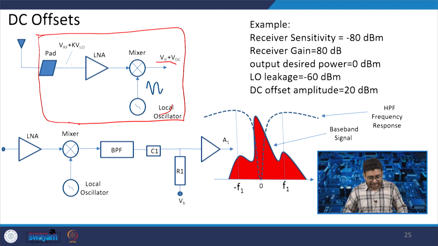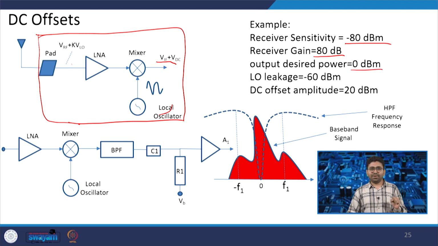So, we can take an example here that if your receiver sensitivity is minus 80 dBm, let us say this is the sensitivity that we are targeting, the total gain is given by 80 dB. Because we want at least 0 dBm signal, so that the ADC has a sufficient amplitude to convert to digital. So, that is an 80 dB gain if we have added, and your output desired power is 0 dBm.